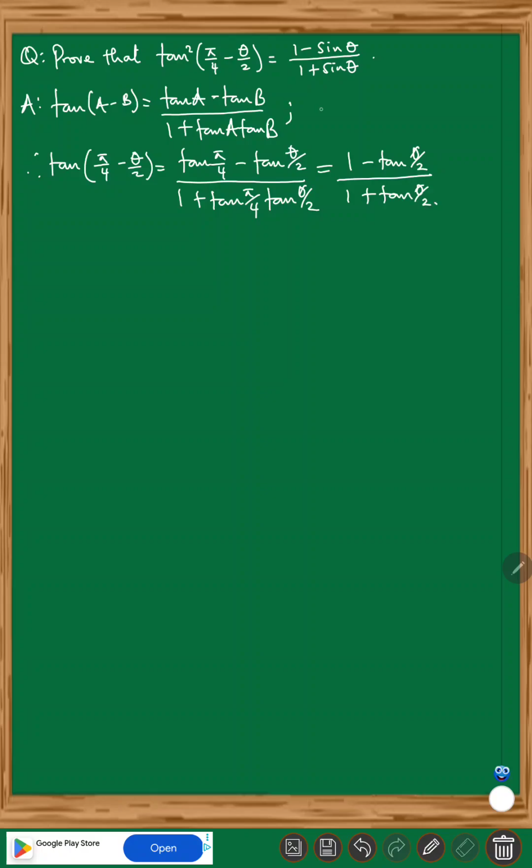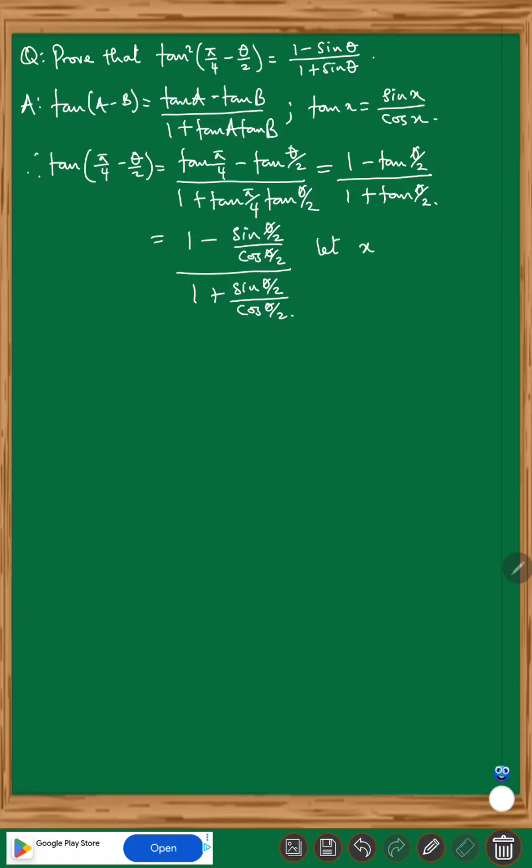Also, we recollect that tan x is equal to sin x over cos x. Therefore, this becomes (1 − sin θ/2 over cos θ/2) all over (1 + sin θ/2 over cos θ/2). So let x be equal to θ/2 so that we are going to make it as compact as possible.